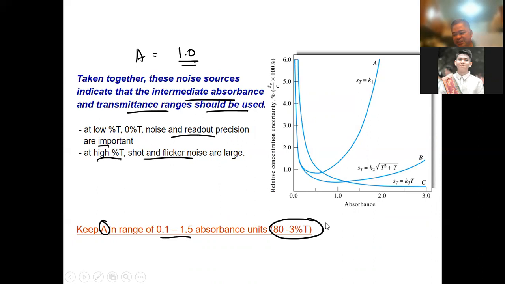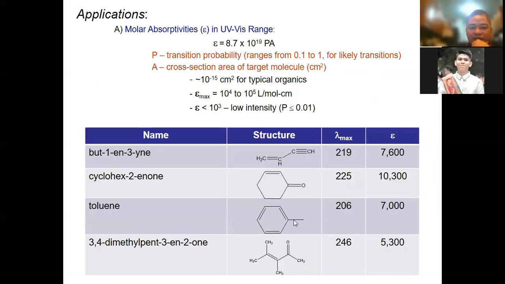Now, these are just the common problems that we have in using UV-vis. Now, we would like to look at where we apply these UV-vis. So, usually we apply it to determine the molar absorptivities in the UV-vis range. And once we know the molar absorptivity, we can use it as a quantitative method.